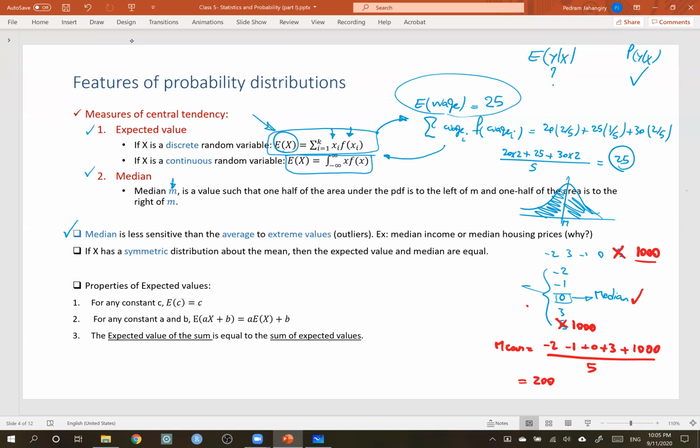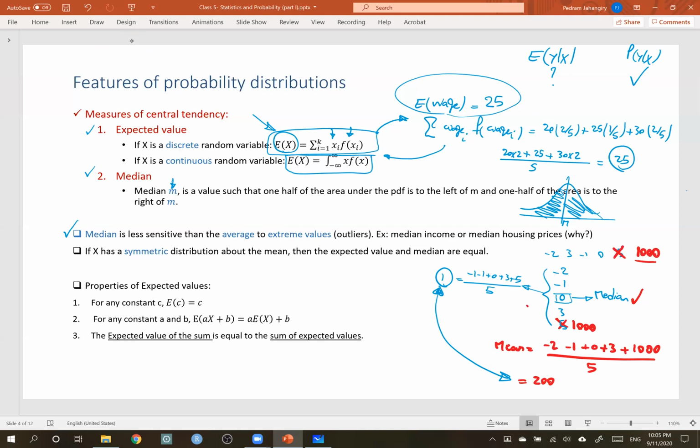The blue observations are the ones with 5 instead of 1,000. What was it? It was -2, -1, +0, +3, +5 divided by 5. So this was 1. Look at that. 1 versus 200. So the average is super biased. Does that make sense? So that's why we say that median is less sensitive to outliers than the average.